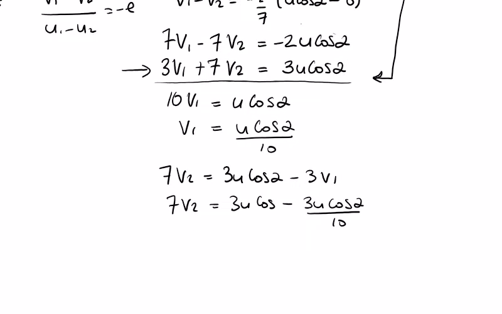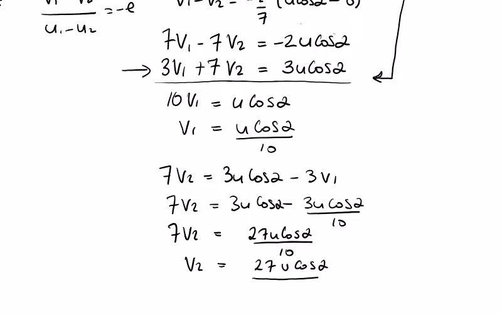Simplify this into a single fraction: we have 30 cos alpha on the left over 10, so that's 27 U cos alpha over 10. And if I divide by 7, V2 is 27 U cos alpha over 7 times 10, which is 70.